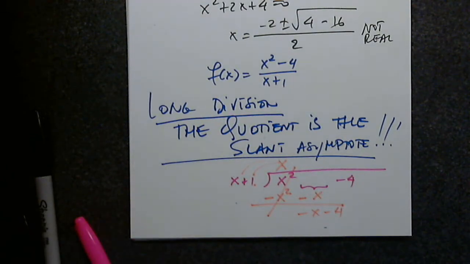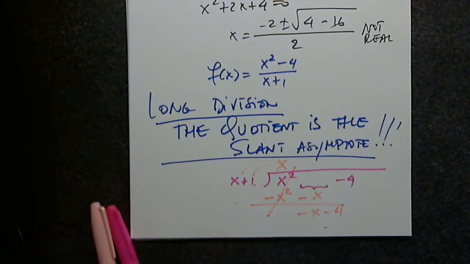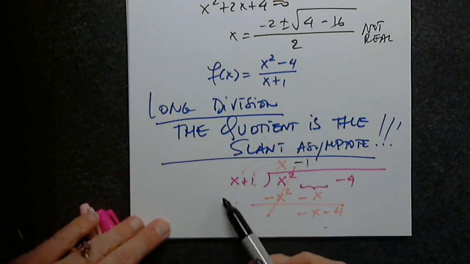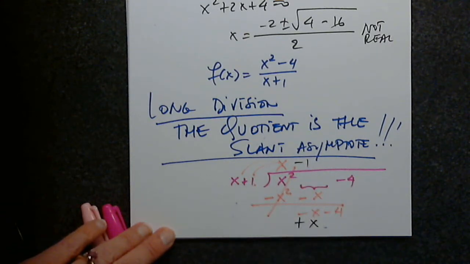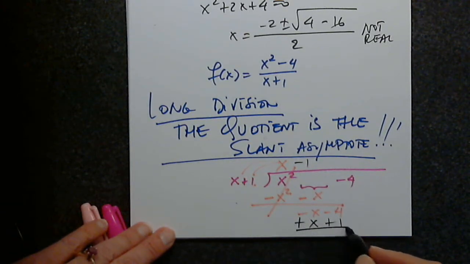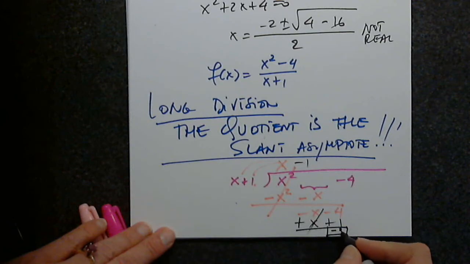Final question. x times what is negative x? Negative 1, indeed. Negative 1 times x is negative x. I change the sign. And negative 1 times 1 is negative 1, and I change the sign. What is the remainder that I have to box in? Yes, it's negative 3.